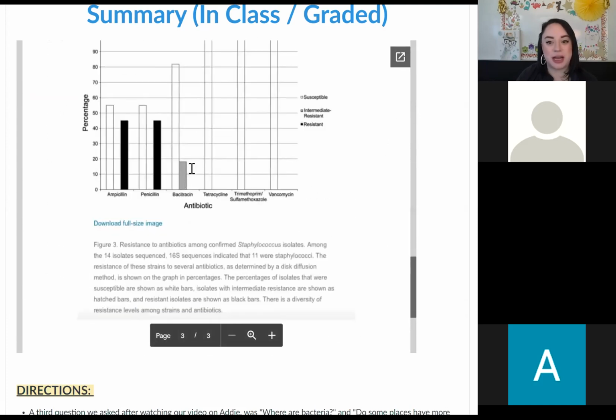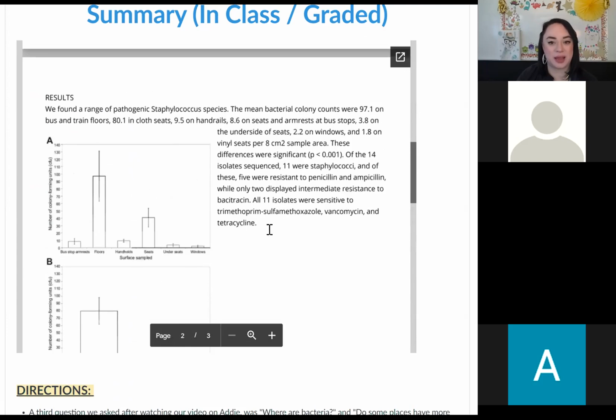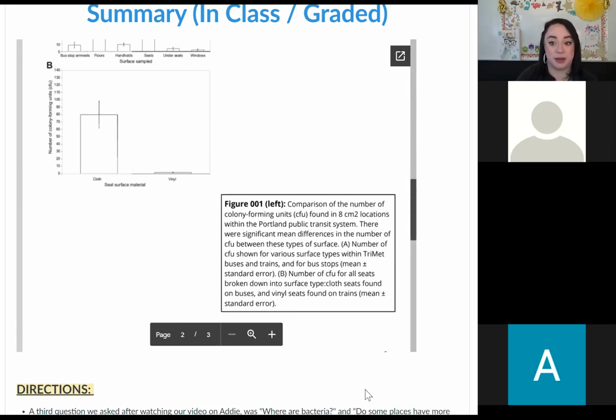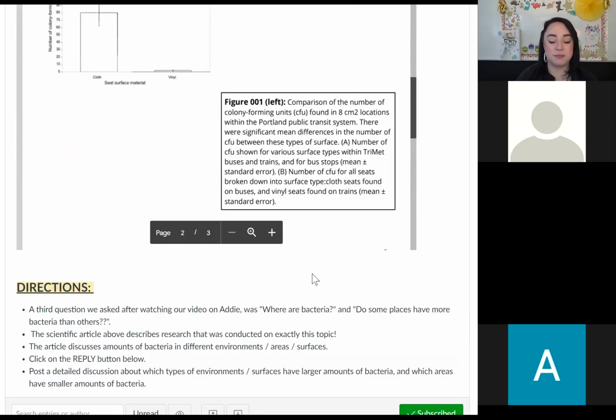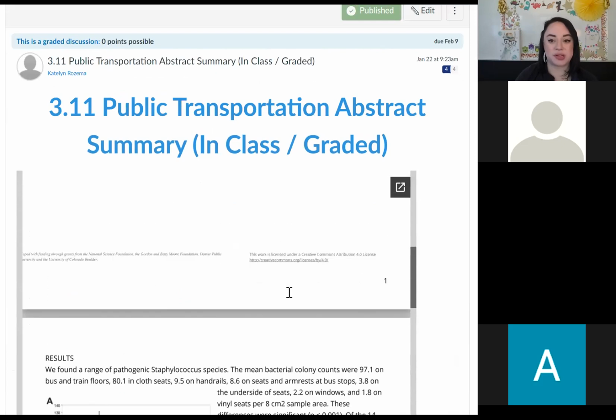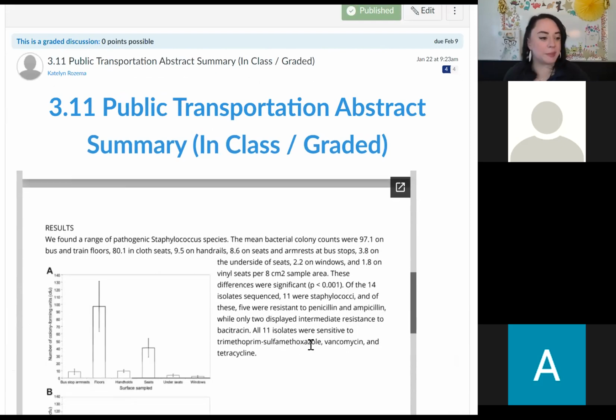So your job right now in the discussion is to post the types of areas or surfaces that have higher amounts of bacteria and the types of areas or surfaces that have less bacteria. Okay, so right now, post this in the discussion: the types of areas that they found that have more bacteria and the types of areas they found that have less bacteria. All right, so let's do that.